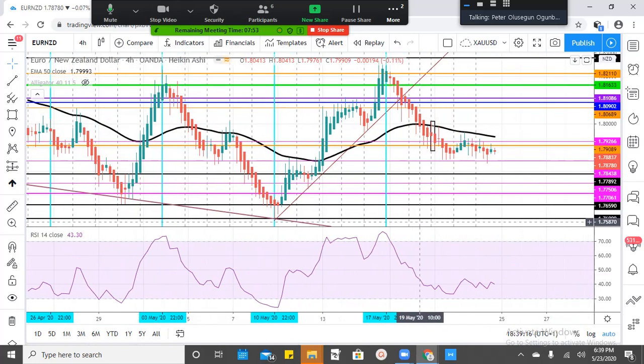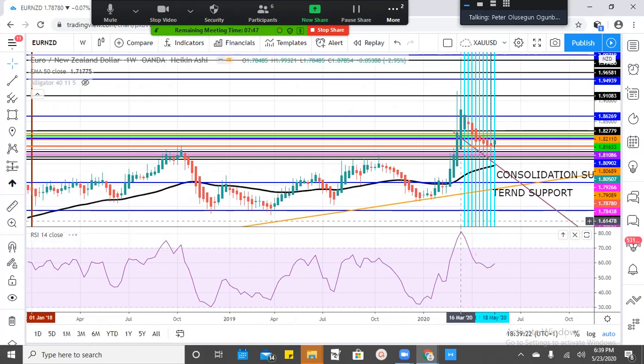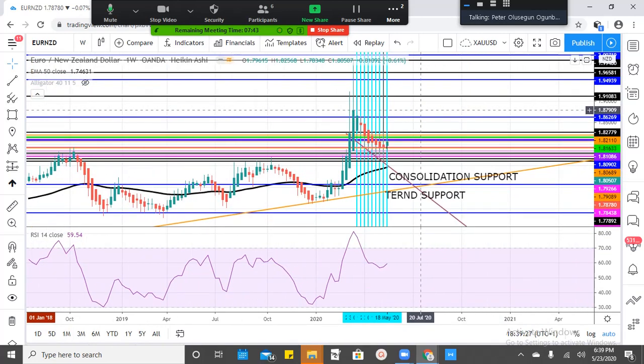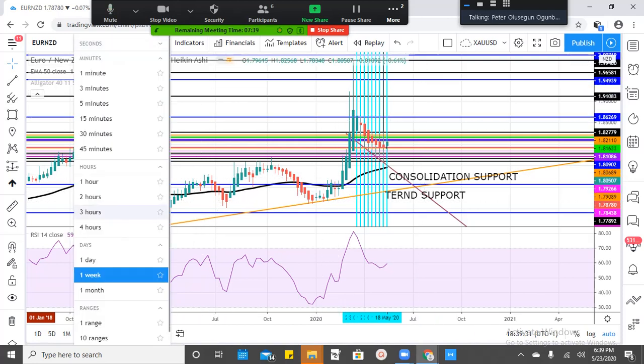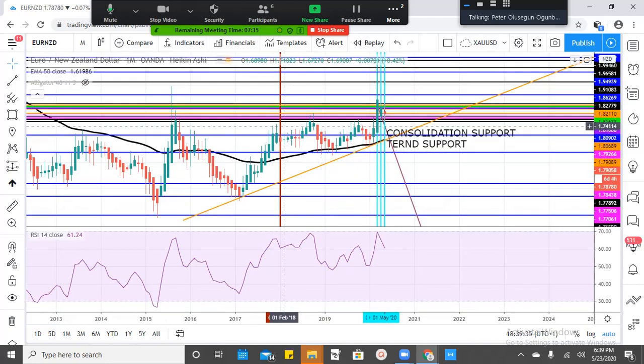The normal trend, let's look at the normal trend of Euro NZD on weekly analysis. Okay, it is actually buying. Let's look at the month. On the 3 years, you can see that Euro NZD is actually buying.